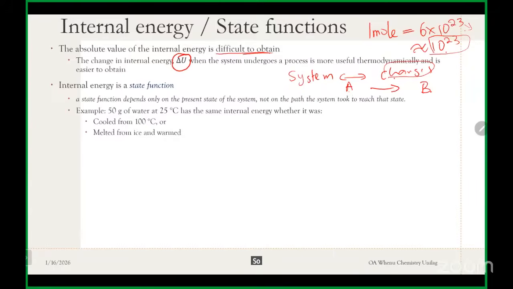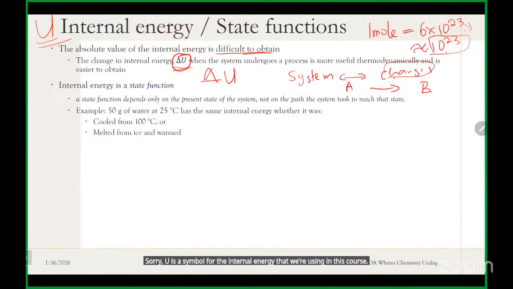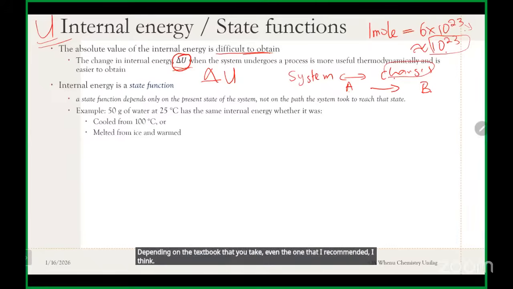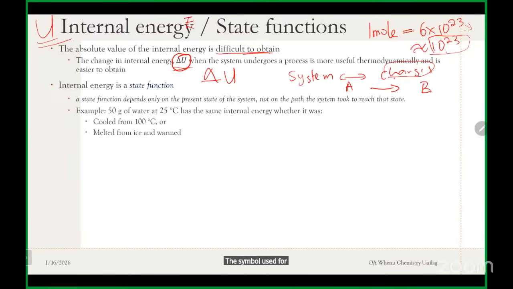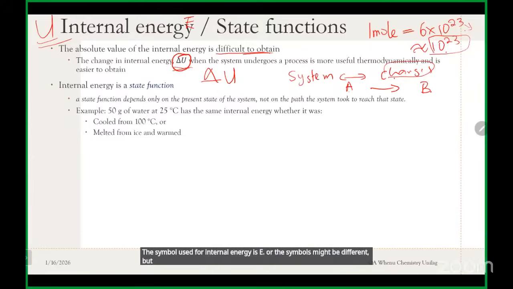With each change in state of the system, the internal energy changes, and we represent it as delta U. U is the symbol for the internal energy that we're using in this course. Depending on the textbook, even the one that I recommended, the symbol used for internal energy might be E, or the symbols might be different, but the concepts are the same.